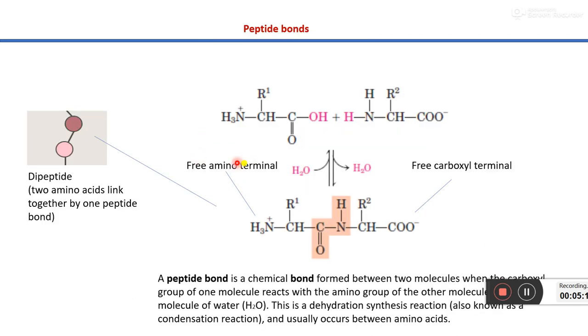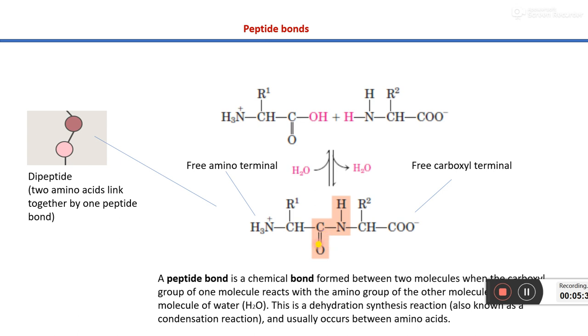Just observe this peptide, that is a dipeptide, and here two amino acids are covalently linked with each other through an amide linkage, that is a CONH linkage between two amino acids, and this amide linkage is known as a peptide bond.